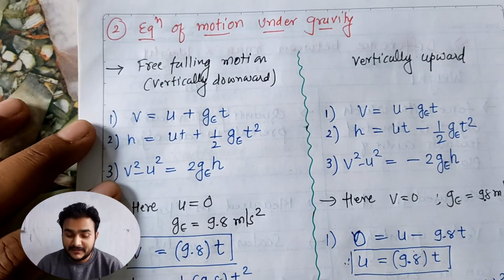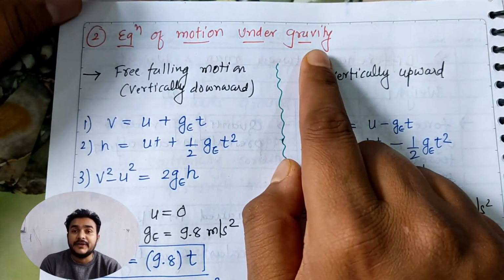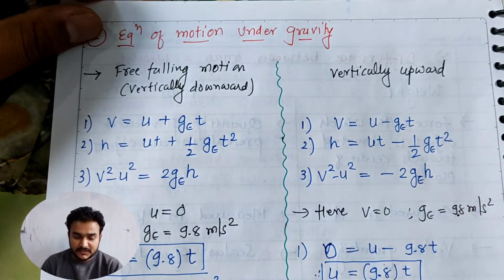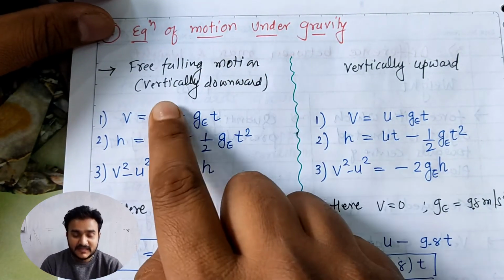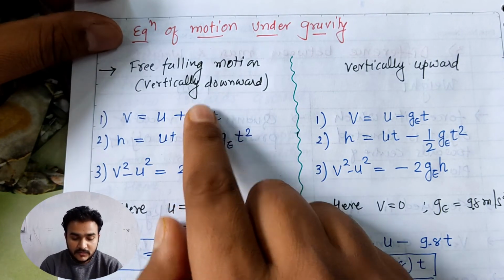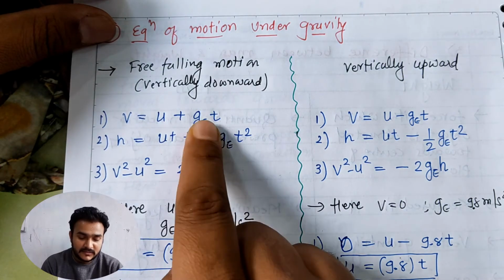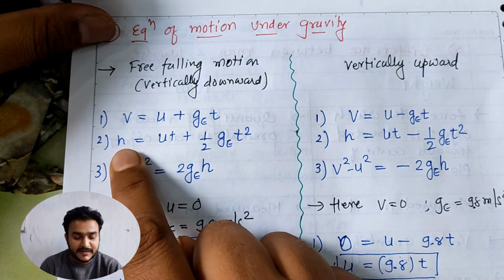The second point of the topic is the equations of motion under gravity. Here I have bifurcated both discussions with this green line. So for freely falling motion, that is vertically downward motion, these are the set of equations of motion after this replacement of gravitational acceleration and height.